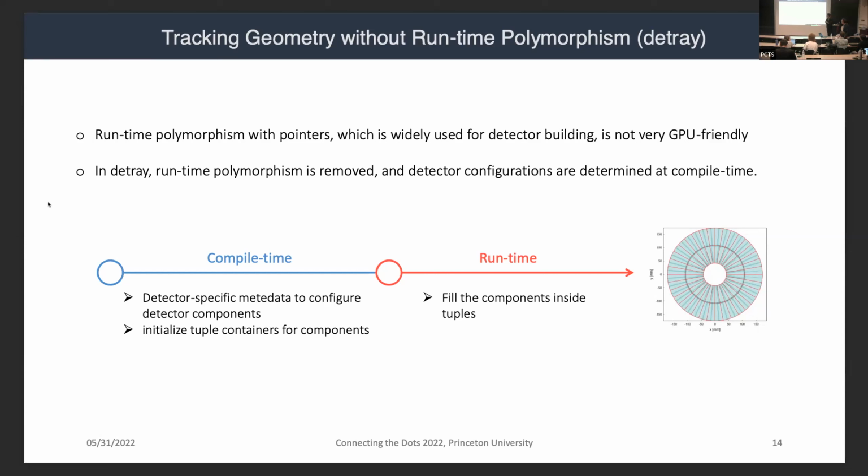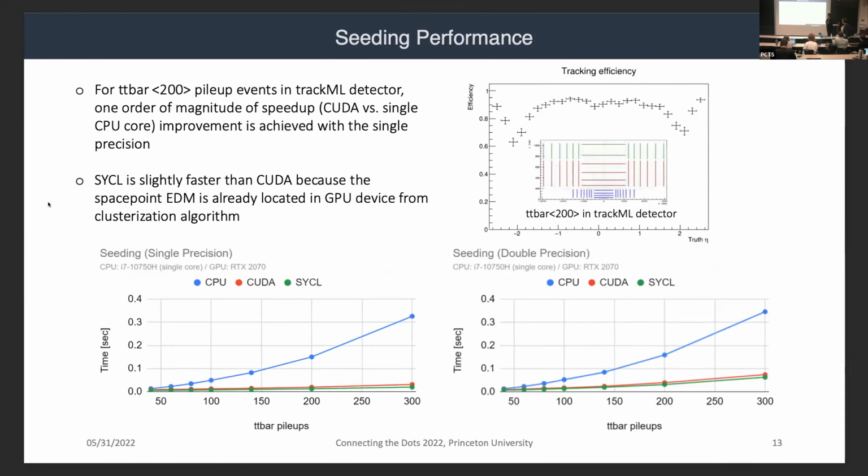Can you go to the timing slide where you claim SYCL is faster than CUDA? Here you're saying that SYCL is faster because the space point memory is already in the GPU device, right? Can you do a test like that for CUDA, essentially an apples-to-apples comparison where whatever is required is already in the GPU, and then you run the CUDA library?